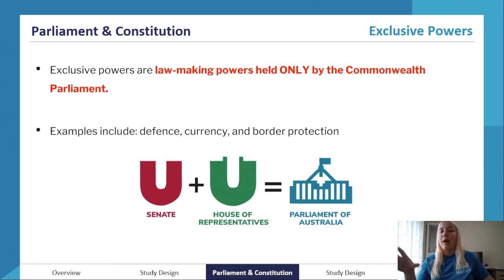Residual are the powers that belong to the states and the matters on which the states can legislate in. What I'm saying is, there are actually not that many exclusive powers, just because of the whole nature of the concept: the Commonwealth level law applies to areas that refer to international trade relations, and so there's not that many.